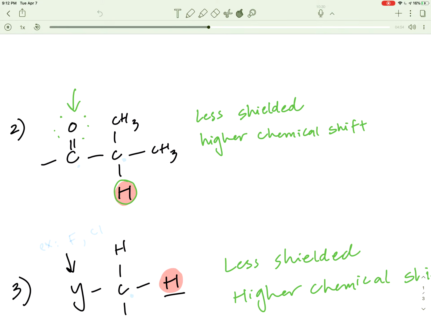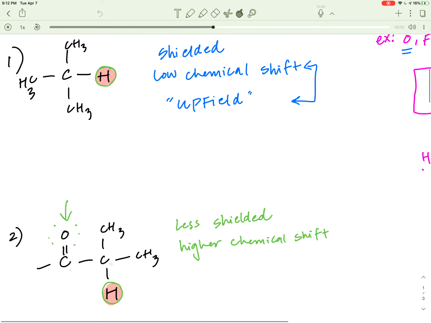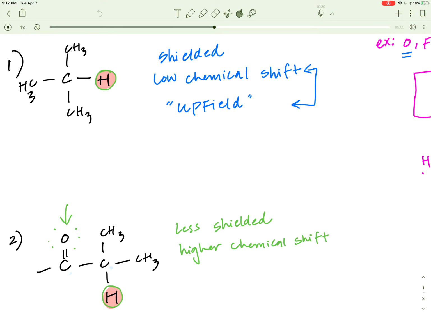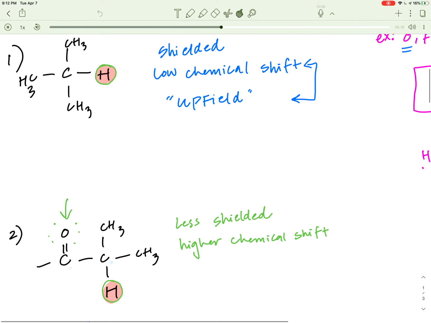It was just somewhere in the molecule. What this tells me is this is going to be less shielded than the first example. In the first example, there was no electronegative atom whatsoever, so it was just the most shielded it can be. But the second I introduce an electronegative atom, now it's less shielded than the first example, and it's going to have a higher chemical shift than the first example.